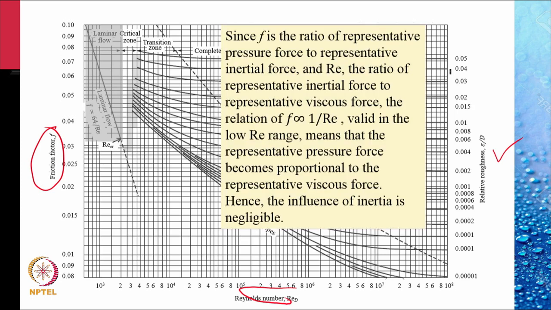Since F is the ratio of the representative pressure force to the representative inertial force, and Reynolds number is the ratio of the representative inertial force to the representative viscous force, the relationship of F proportional to 1 over Re, as is denoted by this straight line sloping down, valid in the low Reynolds number range, means that the representative pressure force becomes proportional to the representative viscous forces, and hence the influence of inertia is negligible.